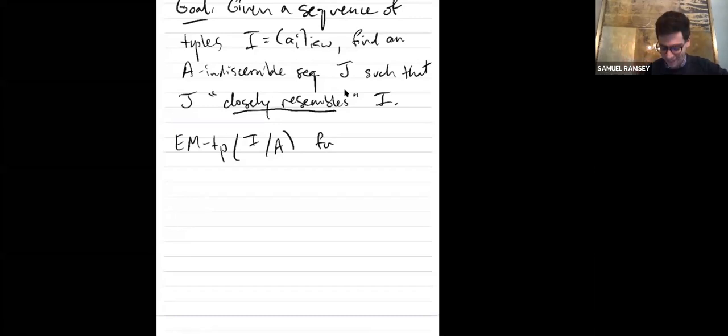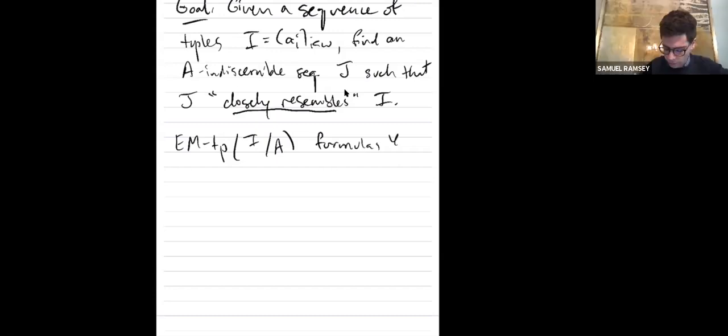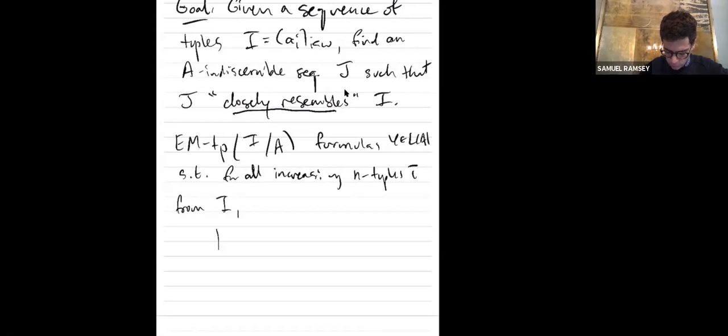Okay, very good. All right, so the EM type of I over A was just the formulas phi in L_A such that for all increasing n-tuples I-bar from I, we have that phi(A, I-bar) is true.